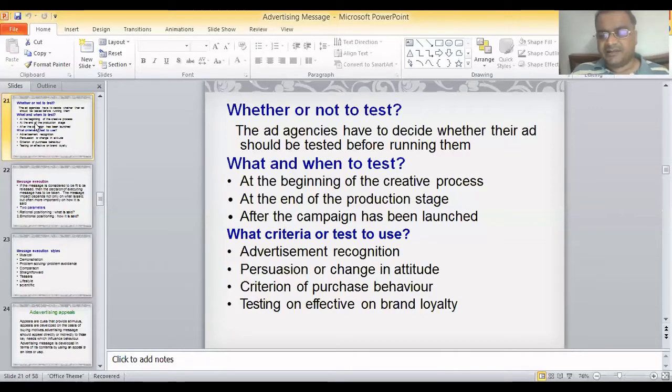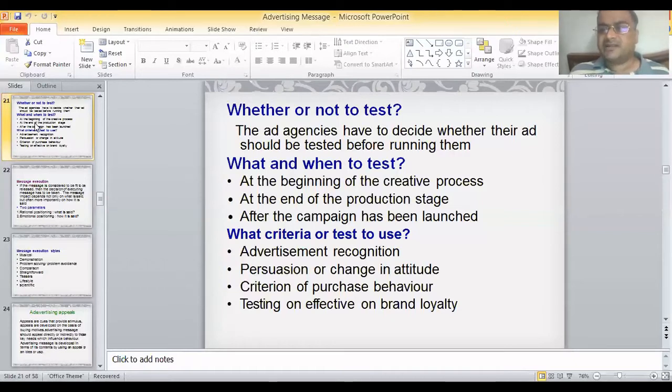One is pre-testing, one is post-testing, and one is concurrent testing. Pre-testing, as you know, is where the testing is done before the launch of the advertisement. So before you are premiering or launching it, you are doing the testing beforehand.